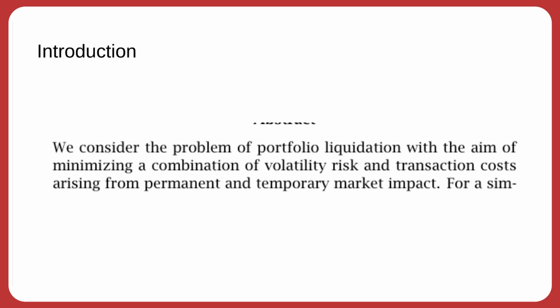And so there are really two risks when we do this trading. One is, of course, the transaction costs that we incur, so the price of our transaction that basically reduces our profit and loss. And the other one is volatility risk.